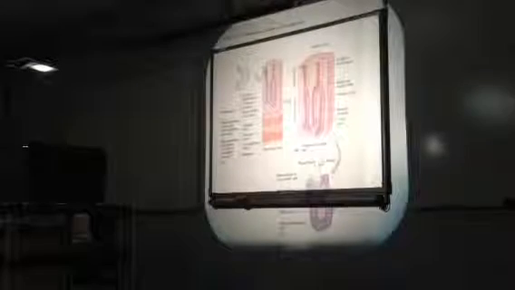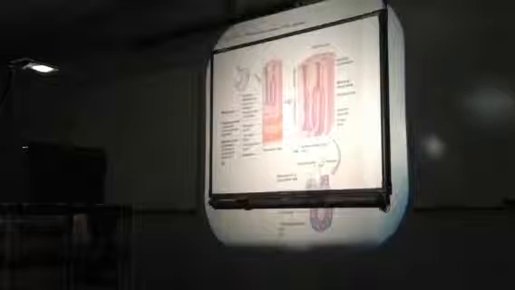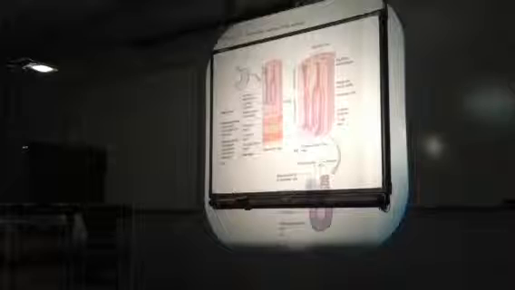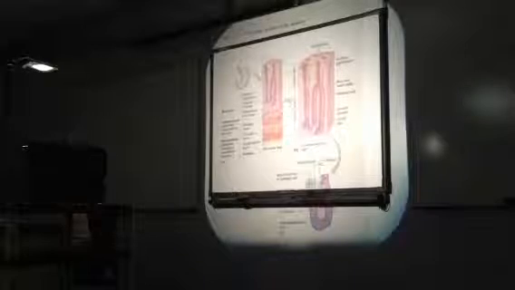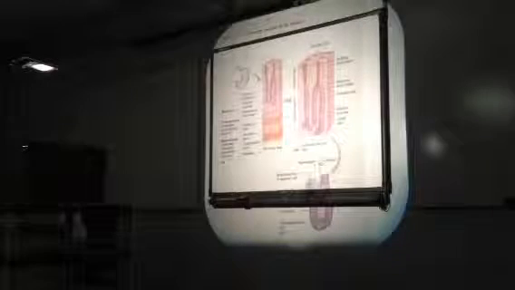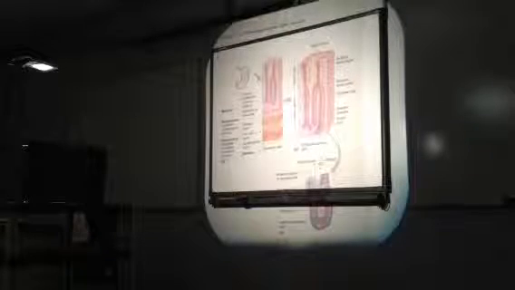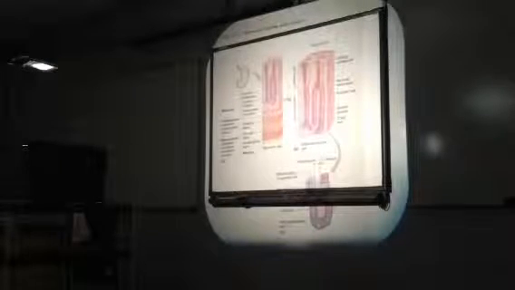It suppresses somatostatin and allows for the secretion of HCl, hydrochloric acid.